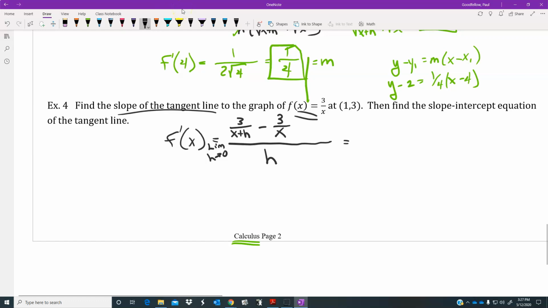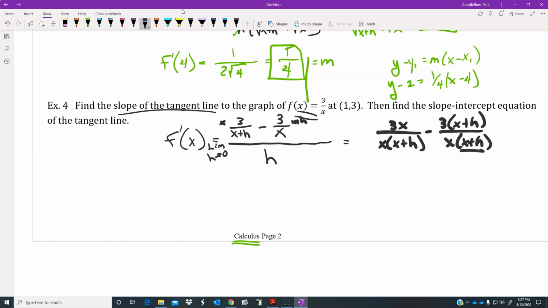Now follow along with me. This one needs an x. This one needs an x plus h. Let's see what we got here: 3x over x times x plus h minus 3 times x plus h over x times x plus h, all divided by h. Ooh, that's a really big, ugly one.